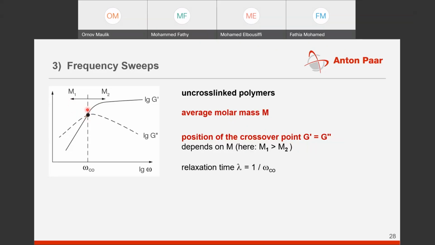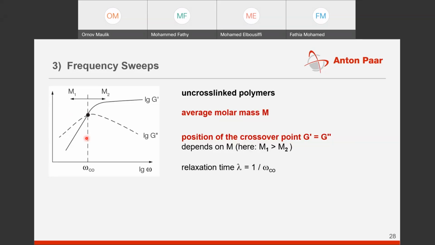Also, in case it moves up or down, that will give you an idea about the molecular mass distribution. Now, this is a very good way, I would say, to determine the molecular mass distribution. In fact, most of the times, if you are interested in molecular mass distribution measurement, you can use these types of tests and compare them with GPC.